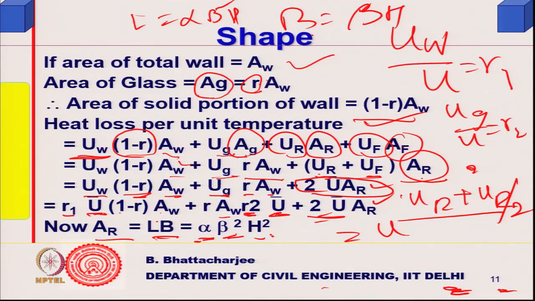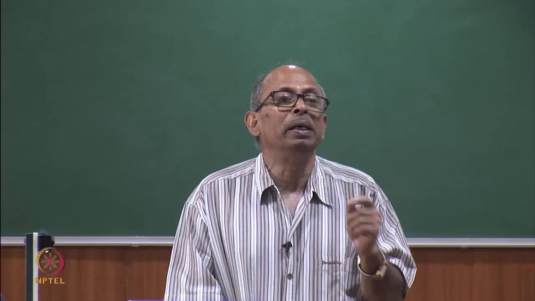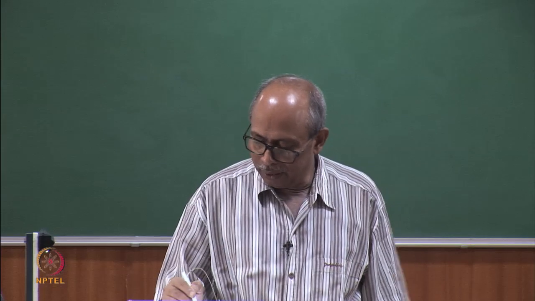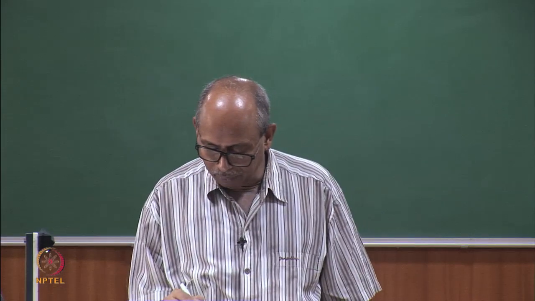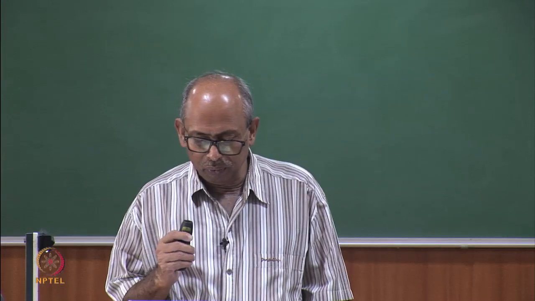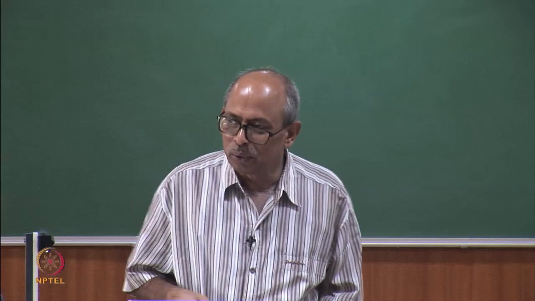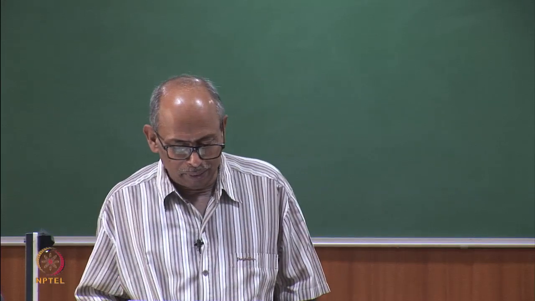Area of the roof will be what? L into B. L is equals to alpha B, B is equals to beta H. So, this will be written as alpha beta square H square, area of the roof, right. So, that is why the first time looking at that portion, we will come to the tropical scenario a little bit later.